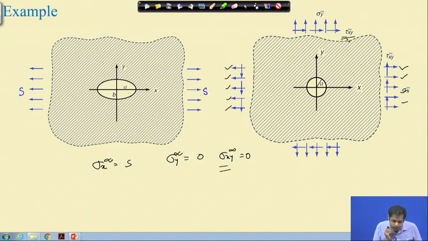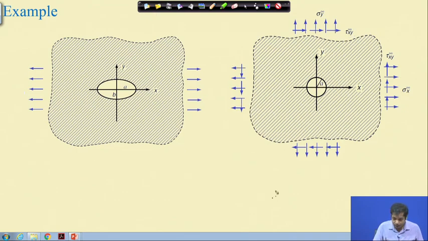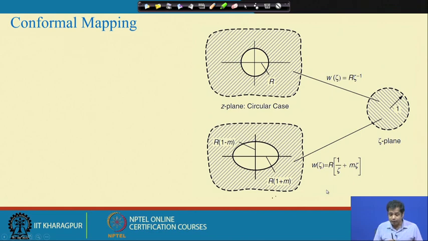Now, let us see how to get the solution of this. We use the concept of conformal mapping. Suppose you have a unit circle in the zeta plane, where the radius is 1.